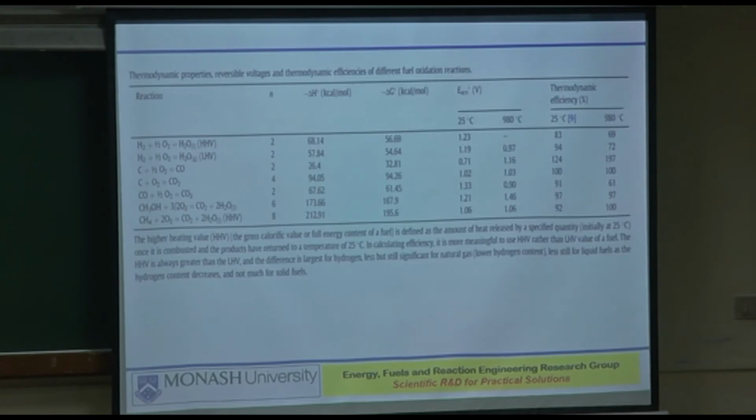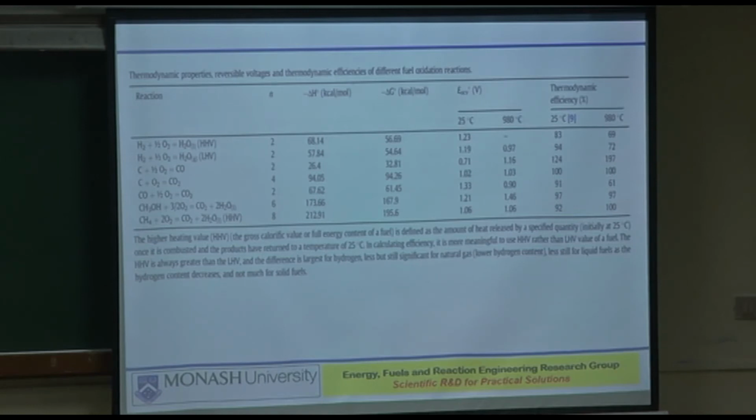So it all depends on the type of the reactions that you are going to effect. If your fuel cell is only going to use natural gas, then obviously the last reaction is the most pertinent.